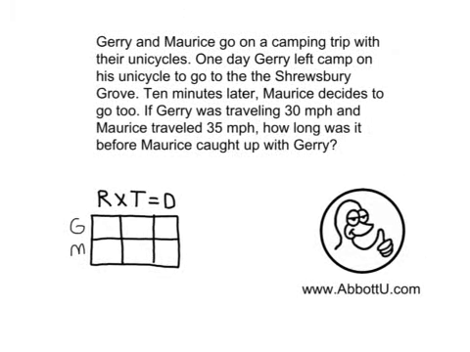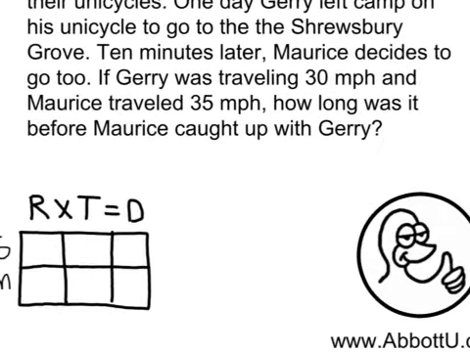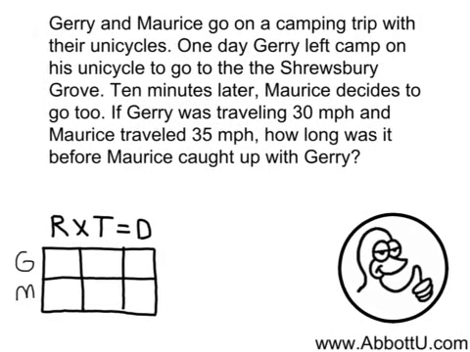And as we've done before, we're going to get that visual diagram going over here. They're both camping, and then they both go to the Shrewsbury Grove. So they're both leaving from the very same origin. And what we could do is represent Jerry's journey first.